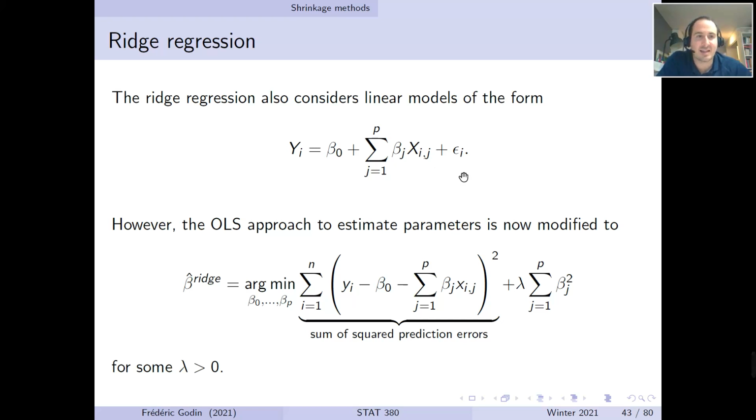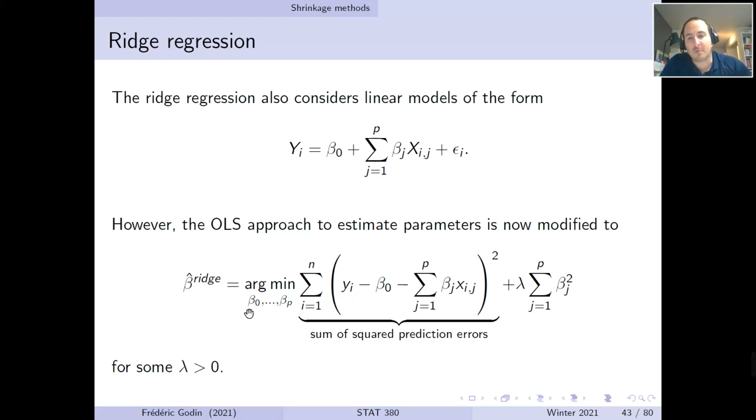So this is exactly the same model as the regular linear regression. But what's going to change here is the way parameters are estimated. In the ridge regression, parameter estimates are chosen so as to minimize the following quantity.